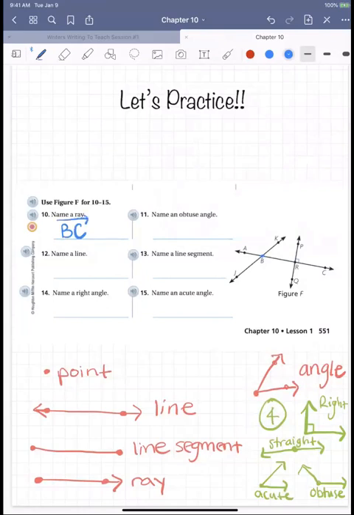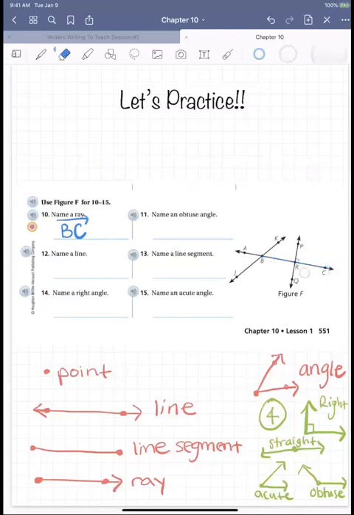That's starting right here at the endpoint, and it's going across to C, and it continues with that arrow. So ray BC is my answer. What is your answer? Can you find another one like I did? I'll give you a second. All right. If you're still looking, that's okay. Just pause the video and then you can start this back up when you're ready.